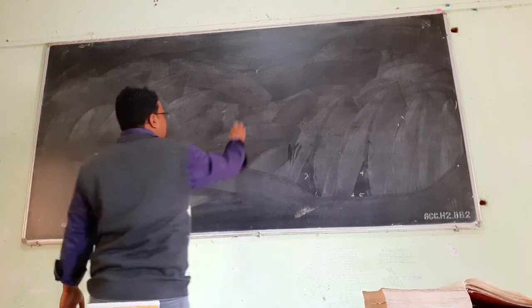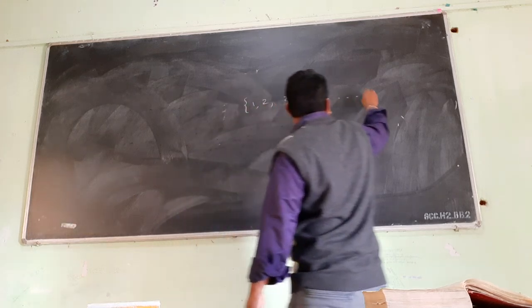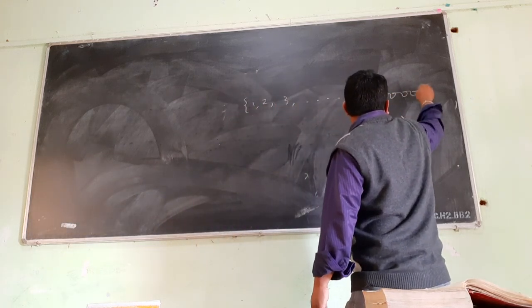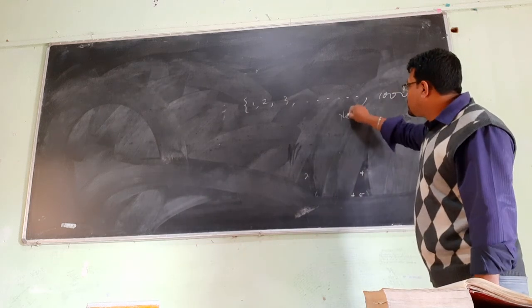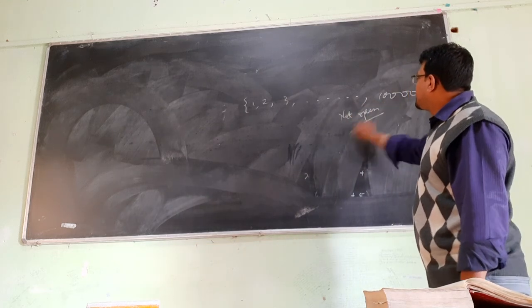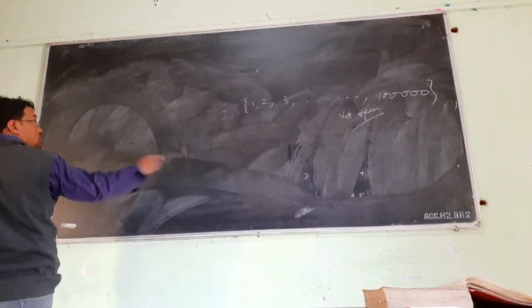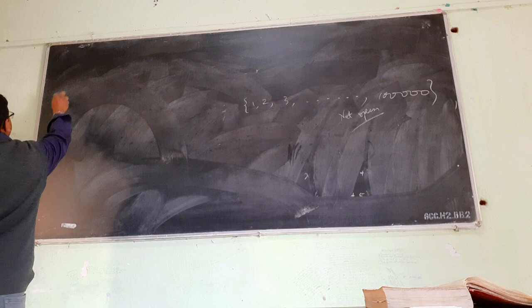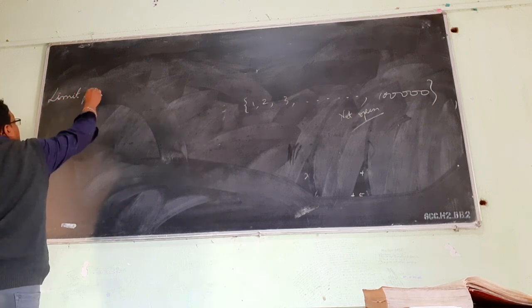In particular, any finite set can never be open, like 1, 2, 3, 4 up to say 1000, 10,000 or 1 lakh. This is never an open set because it doesn't contain any interval. So the next concept is the concept of limit point of a set.